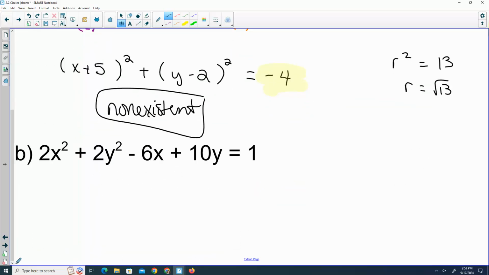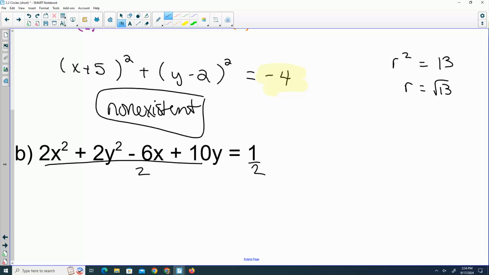Alright, let's try this one. Do you know the same thing about my x squared and my y squared? When we complete the square, we need our square terms to have a coefficient of 1.